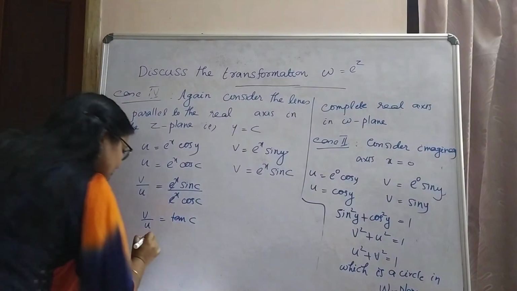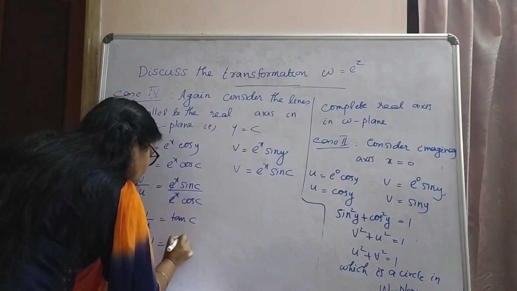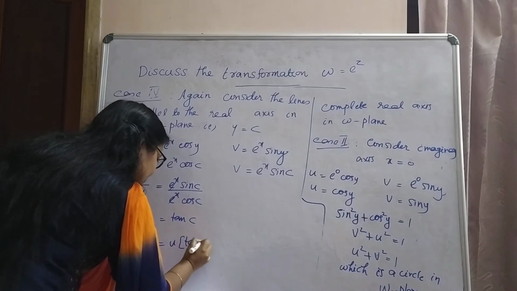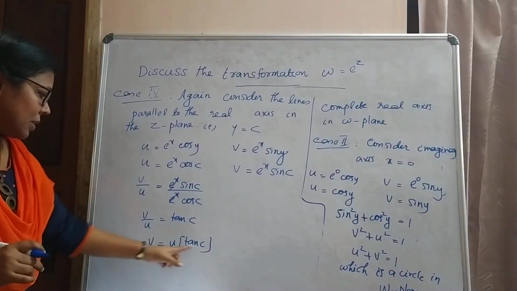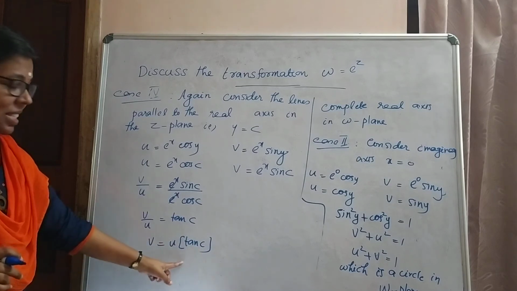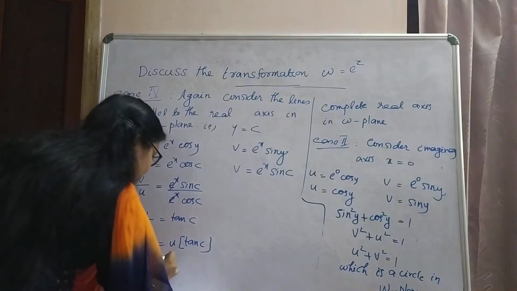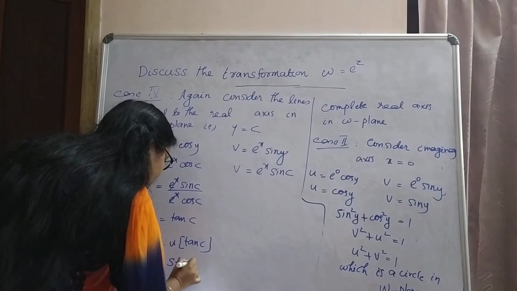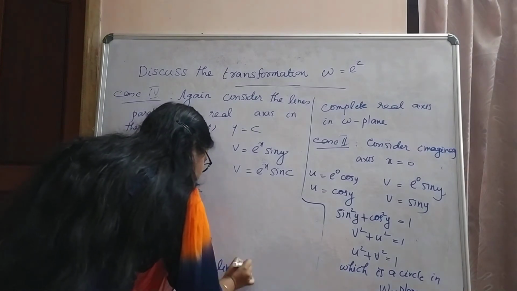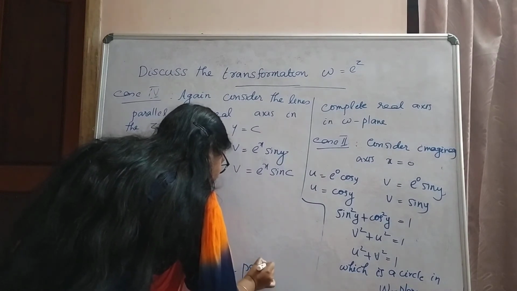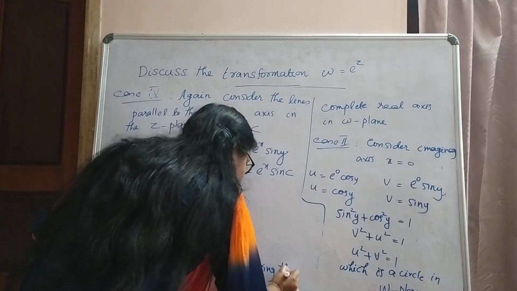That is v equal to u tan c. Tan c is a constant. This is of the form y equal to mx, which is a straight line passing through origin.